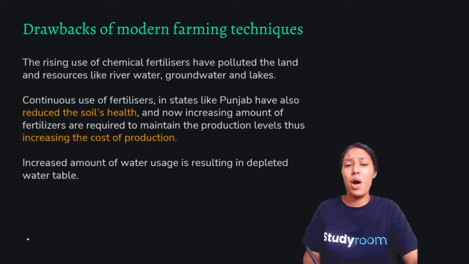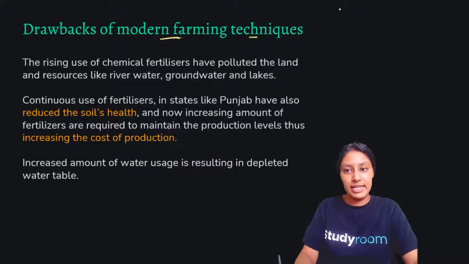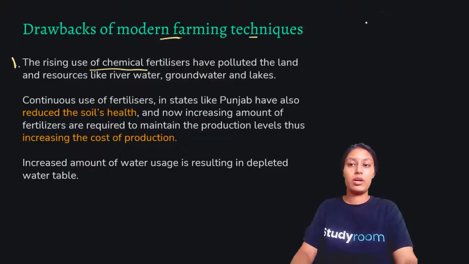Now there were some drawbacks as well in these modern farming techniques. Basically, the green revolution is known as the modern farming technique. So let's understand what the drawbacks of modern farming techniques were. The very first drawback is the use of chemical fertilizers.